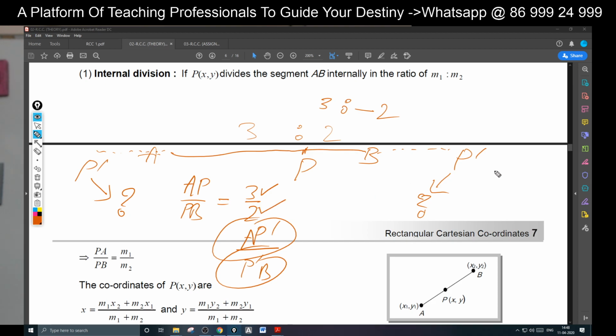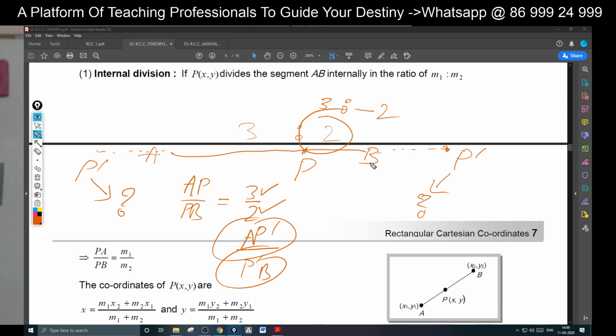If you take P dash this side, AP dash is greater and P dash B is smaller, and hence the external point lies on B side. So always remember, the external point lies on the lower ratio side. This is what I wanted to discuss.